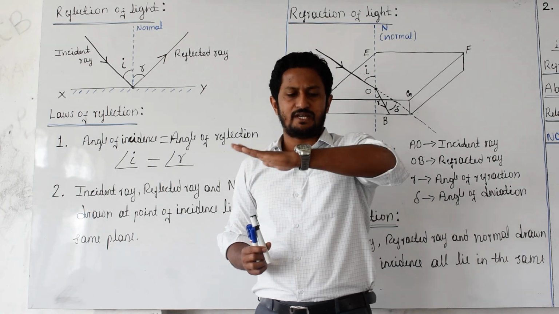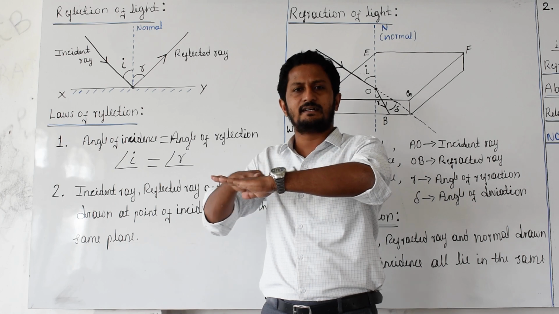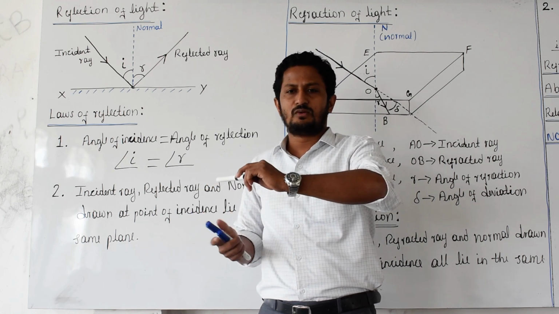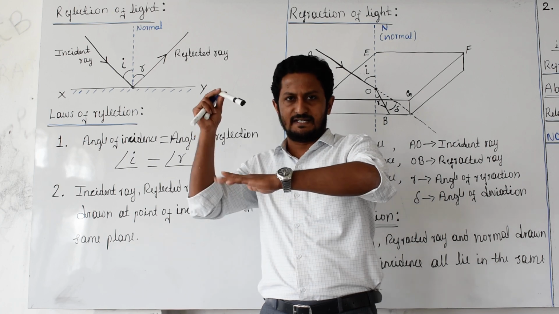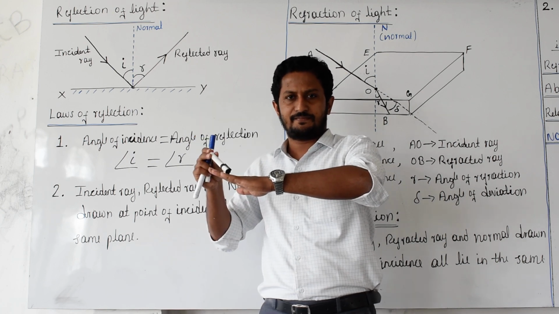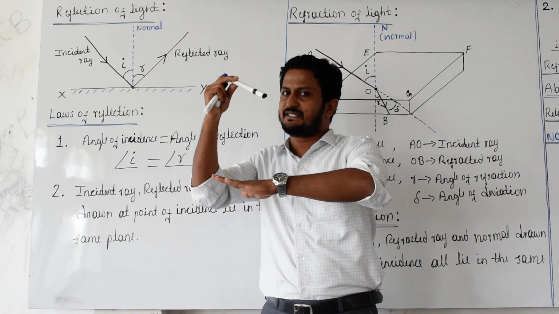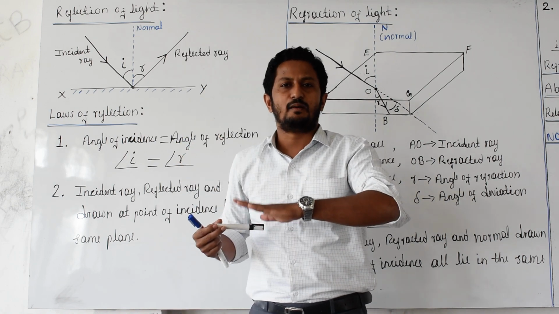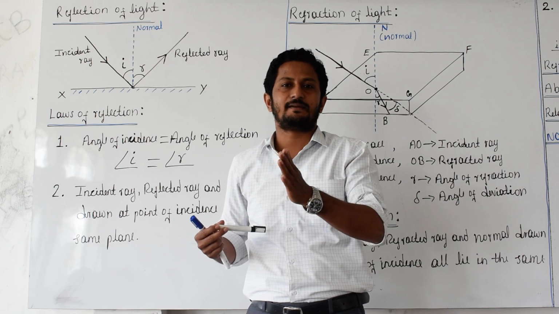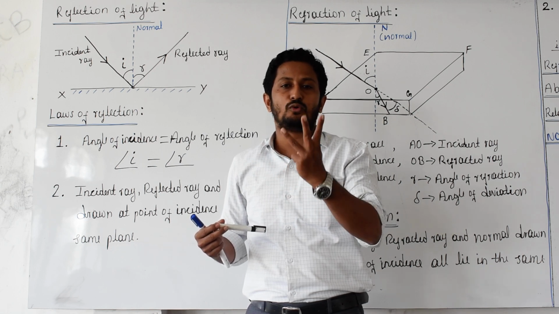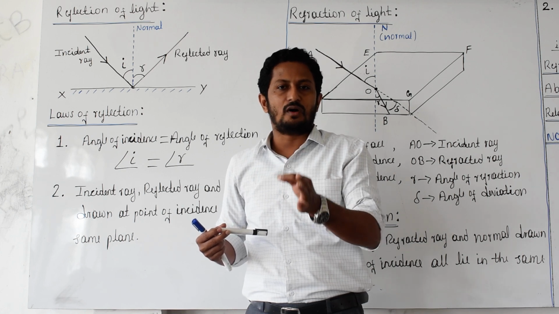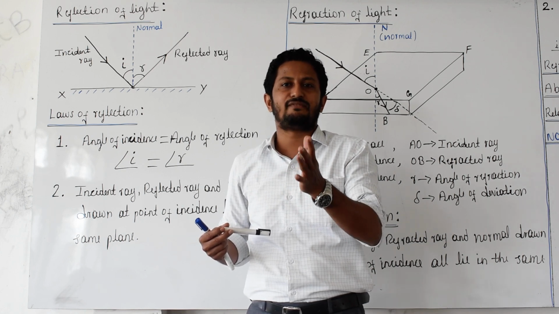Means what? Just look here. You treat this as an interface. This is the interface, and this is the incident light ray. I spoke here about planes. A plane has three coordinates, x, y and z. Coordinates means reference lines.